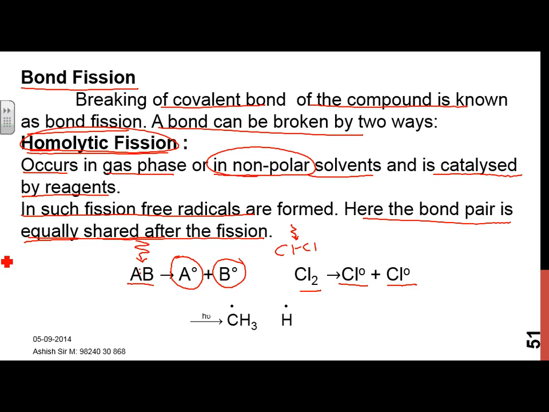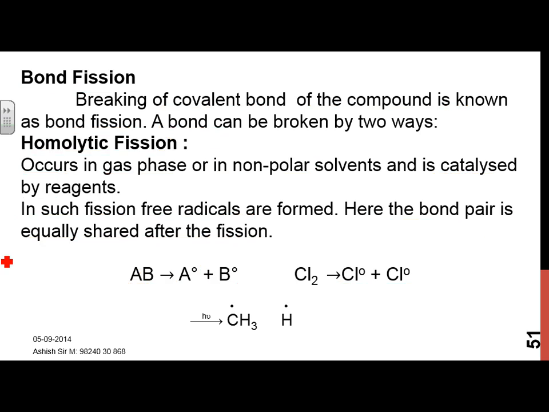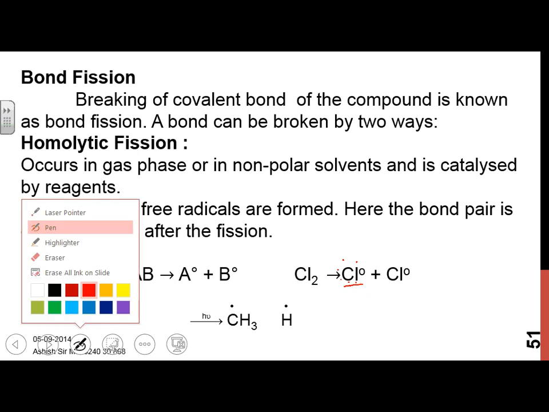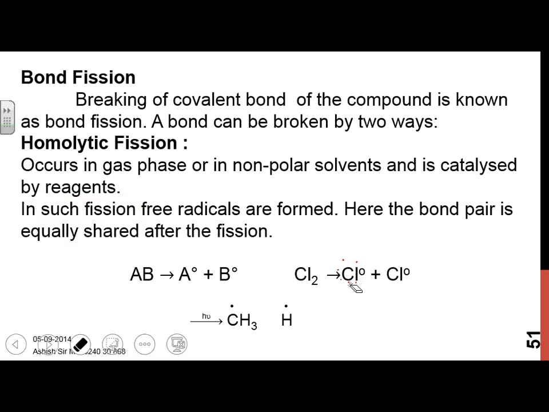Second, after breaking a bond, let's talk about this chlorine. When the bond breaks, it now has 7 electrons. And this chlorine also has 7 electrons, correct?